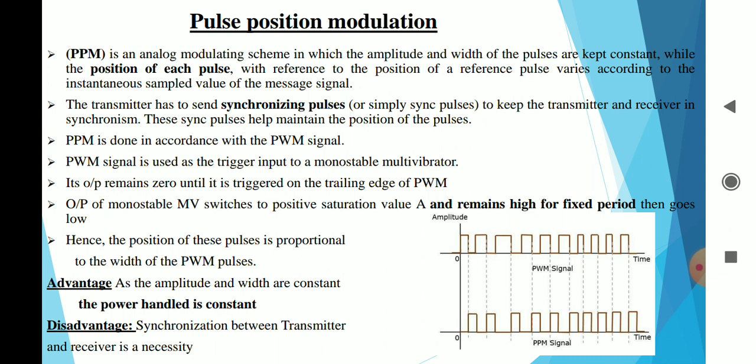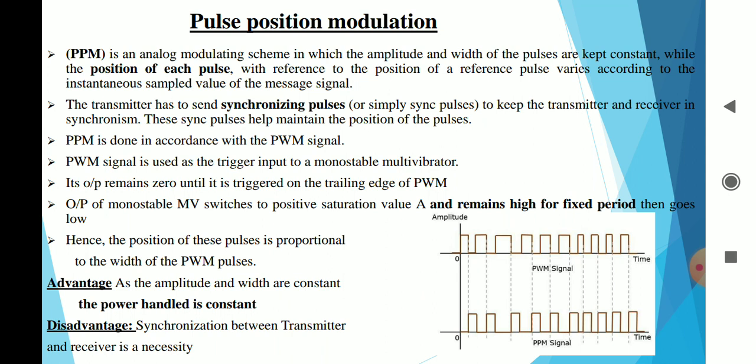Once it is identified, it becomes on for a short duration and again becomes off. Similarly, the same process goes on for the consecutive cycles. Thus, a PPM signal can be generated from the PWM signal using a monostable multivibrator.